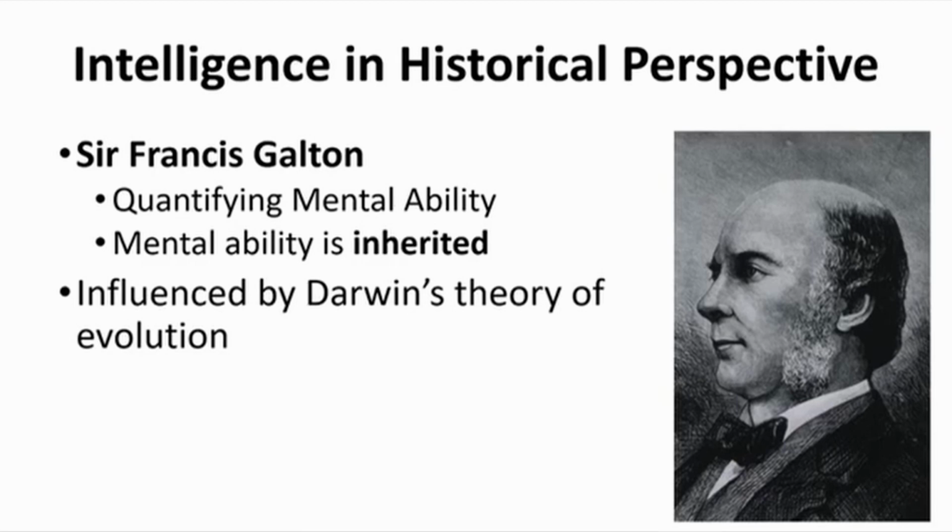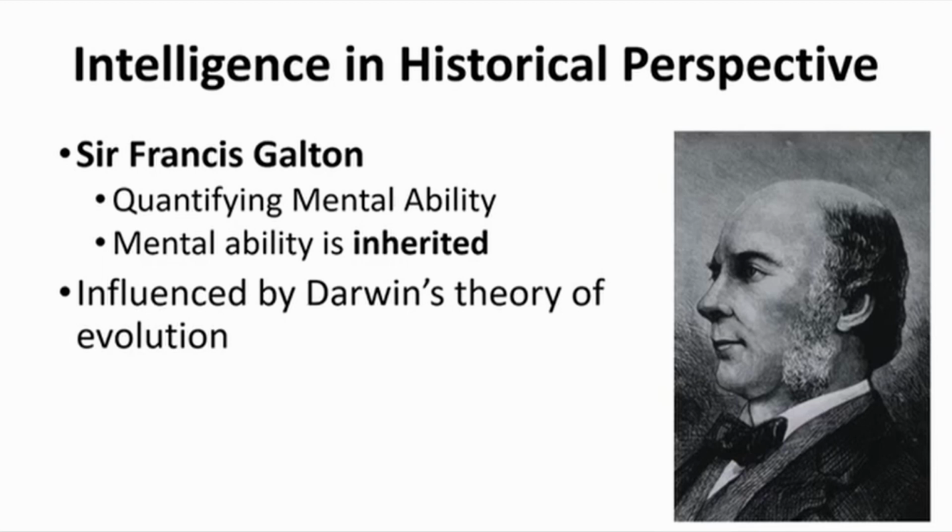So we care about Galton because he actually researched intelligence. He used his book, Hereditary Genius, which was published in 1869, to try and study genius through different family lines. So he was studying the inheritance of intelligence, effectively.